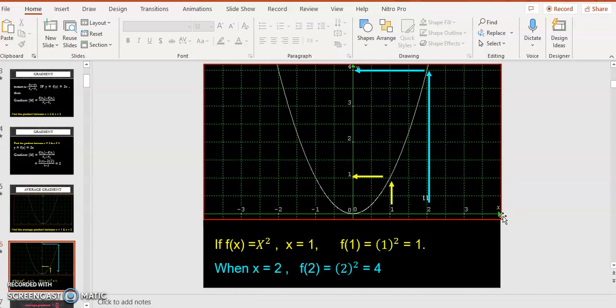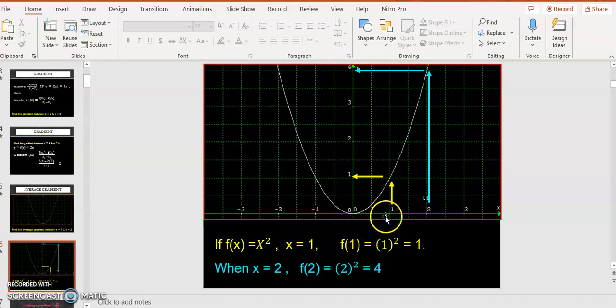The first thing we need is a formula. Remember, the formula will be given to us. If it is not given to us and a graph is given to us, we can use the graph also. So we are going to learn both. They want us to find the gradient between 1 and 2. How are you going to find the gradient when x is 1?